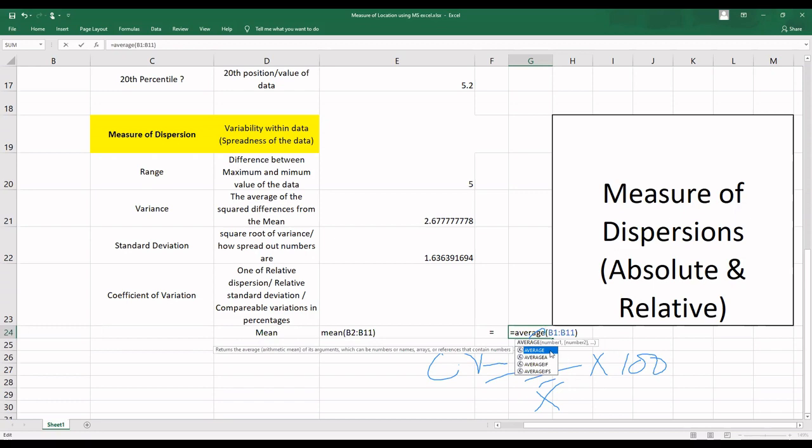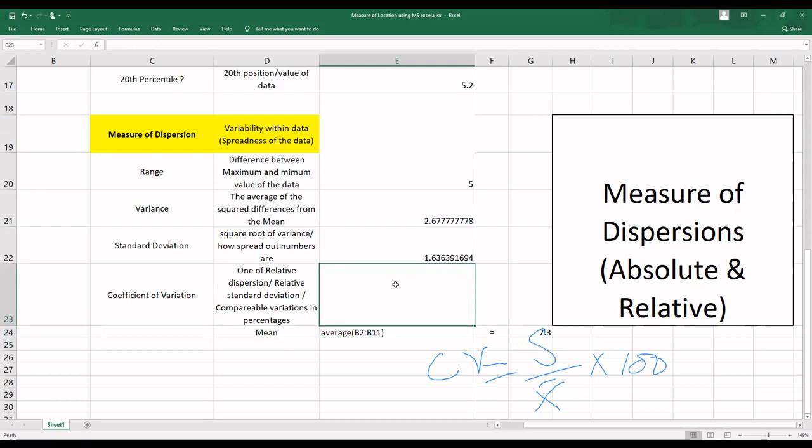So AVERAGE of B2 to B11 gives 7.3. There is no direct function called mean; we use AVERAGE as the mean. So the formula is equal to the standard deviation.